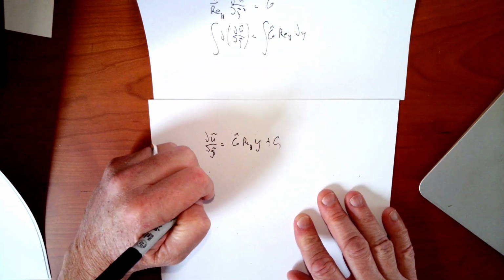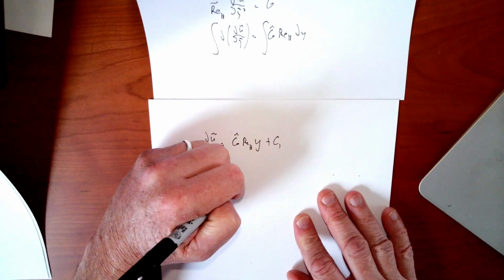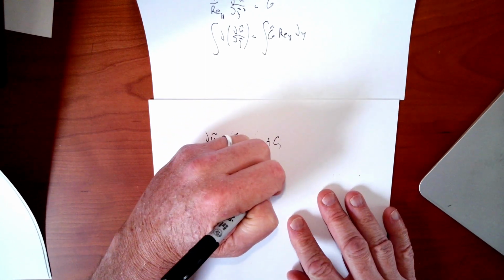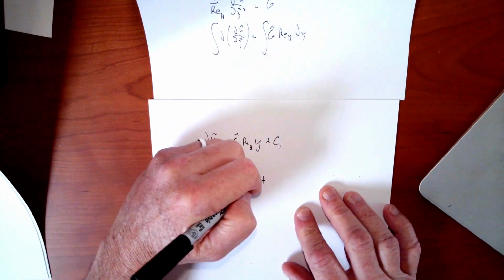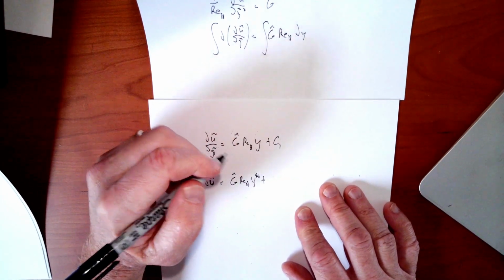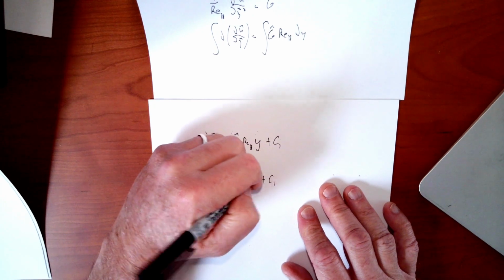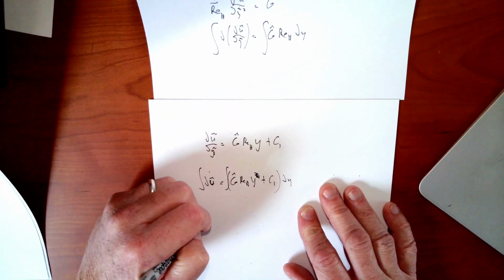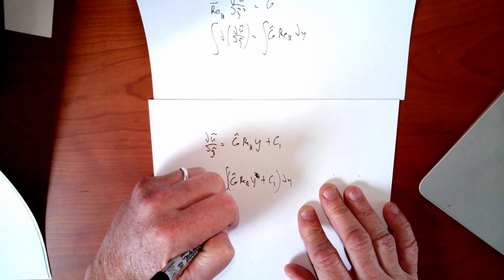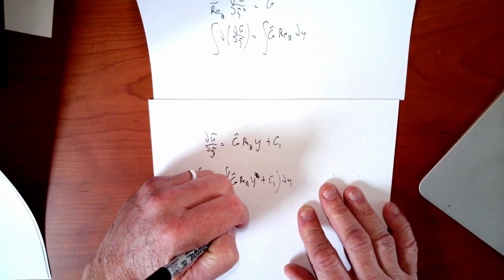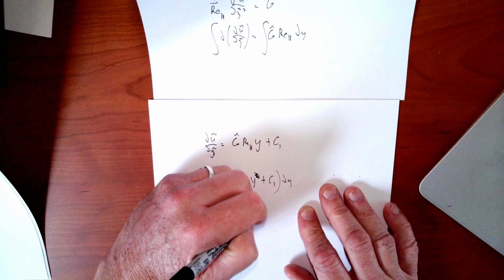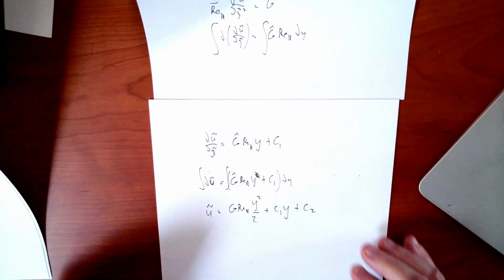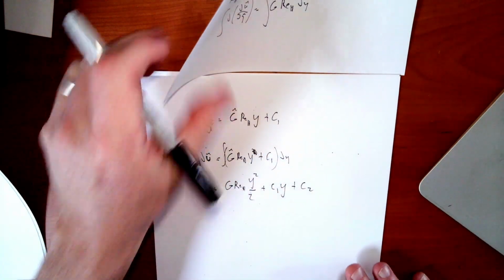I end up with du on the left, and g tilde Re_h times y plus c1 times dy. Now I integrate it to get my y squared. So u tilde is equal to g tilde Reynolds number based on h, y squared over 2, plus c1 y plus some other constant of integration c2.